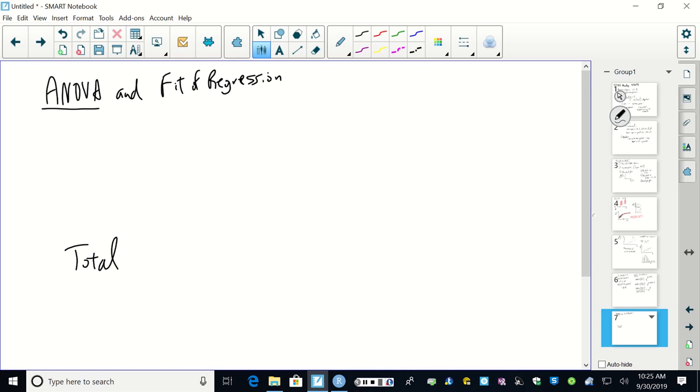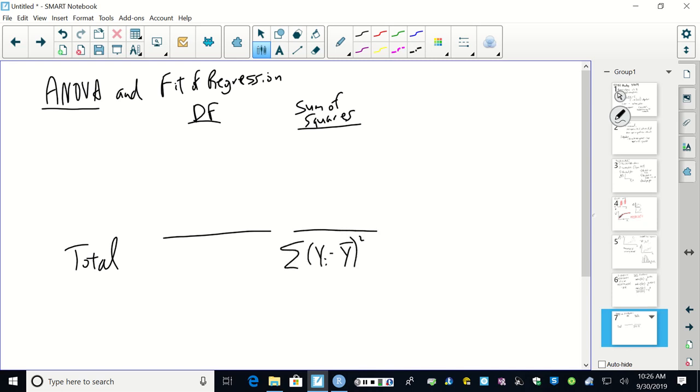There's going to be a degrees of freedom and then a sum of squares. The total sum of squares is the sum of the yi minus y bar, squared: each point minus the overall average. And we give that n minus 1 degrees of freedom because there are n points and we're estimating one thing, that average.